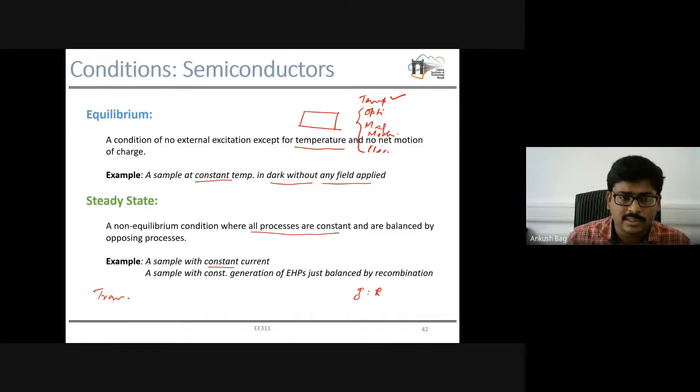We have also understood these two concepts. Primarily, we will need to deal with a semiconductor either in equilibrium or in steady state.